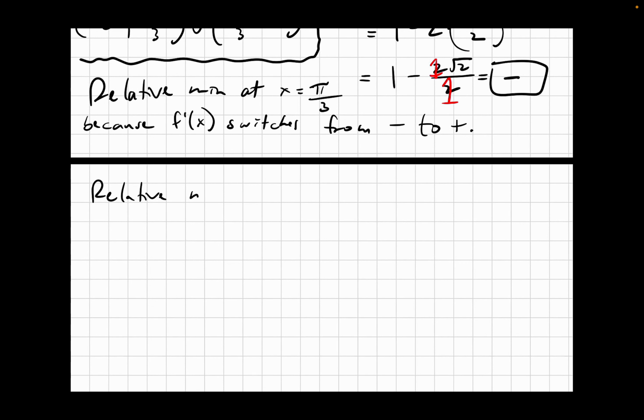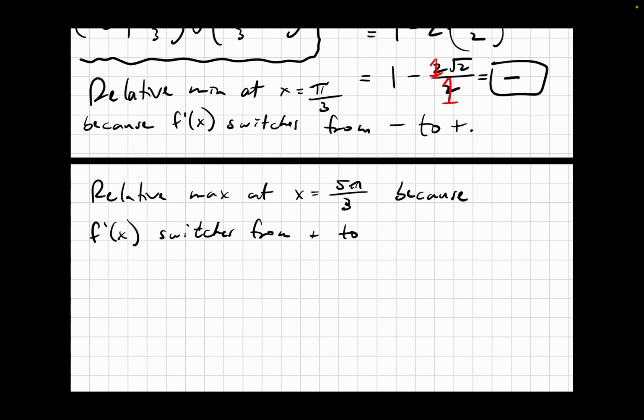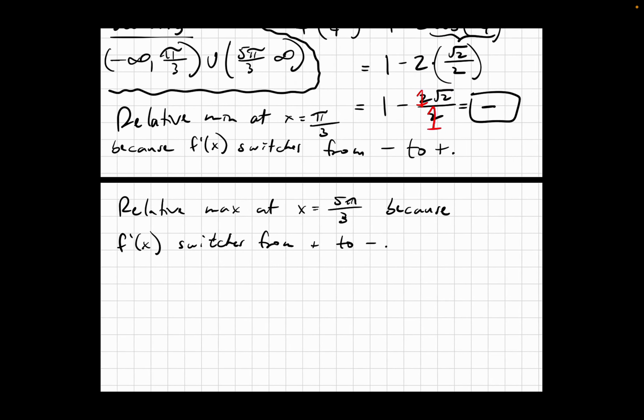Relative maximum at x equals 5 pi over 3 because f prime of x switches from positive to negative. Done.